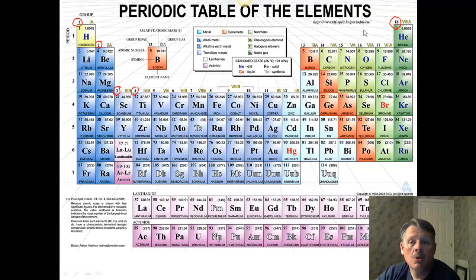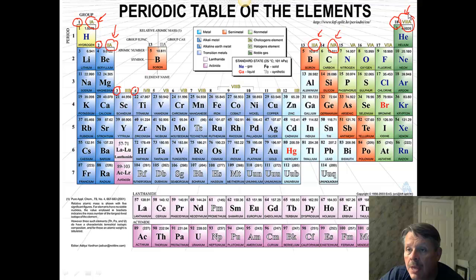Now there's a whole other way to label our columns, which is looking at CAS names, which is 1A, 2A, and I'm going to jump way over to here, which has 3A, and then 4A, all the way up to 8A.